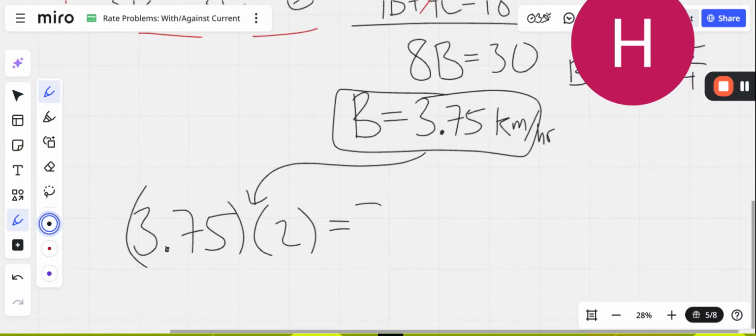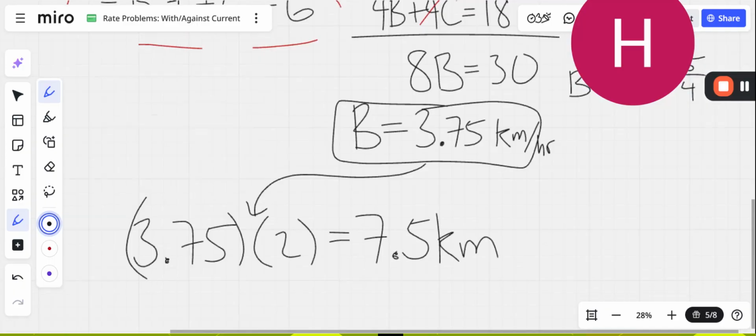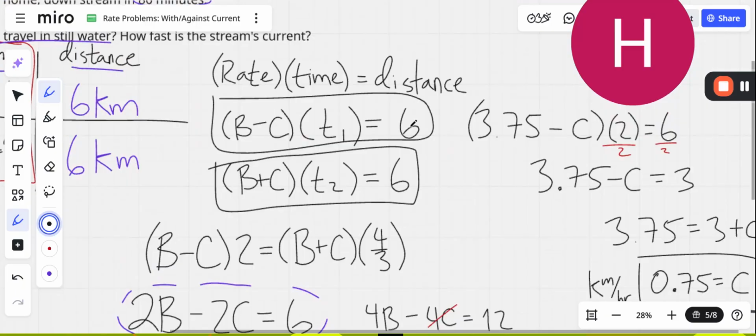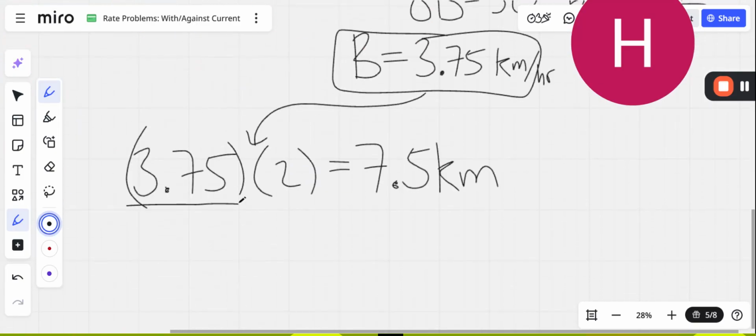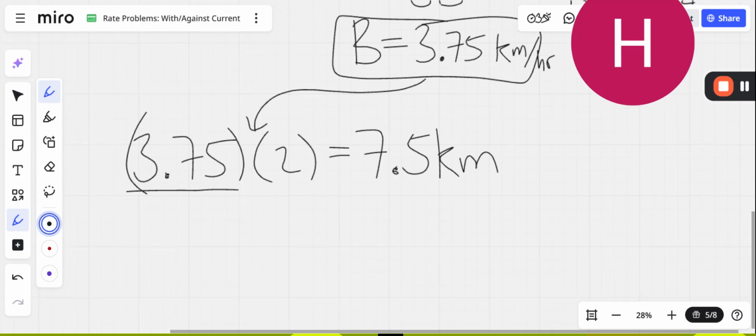He travels 7.5 kilometers. But because there was a current, it only went 6 kilometers, which is 80% of 7.5. So 80% of this rate is how fast he actually went, due to the current slowing him down.